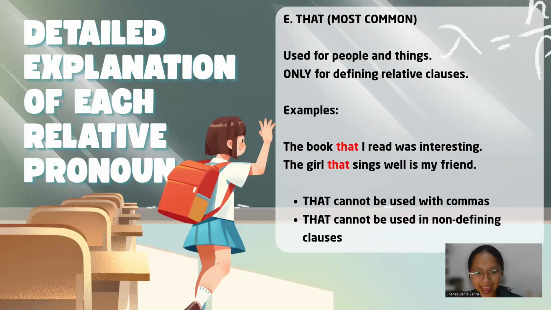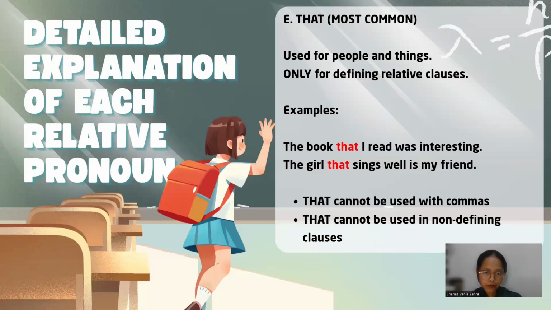So that is the most commonly used connector in adjective clauses because it can refer to both people and things. However, that is only used in defining adjective clauses, where the information is essential to identify the noun.